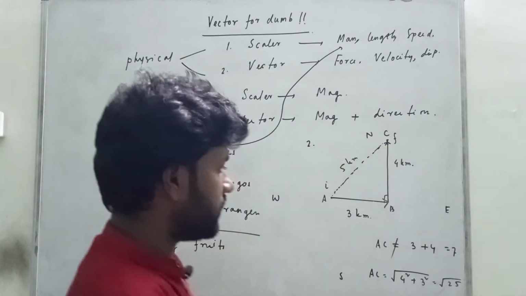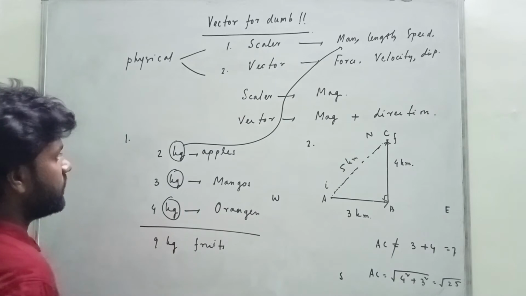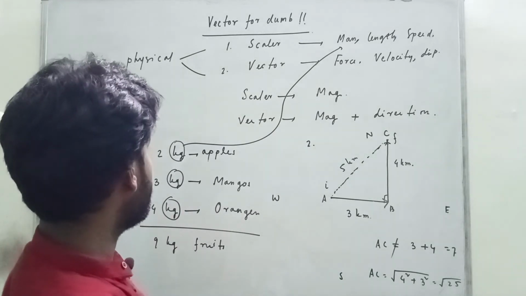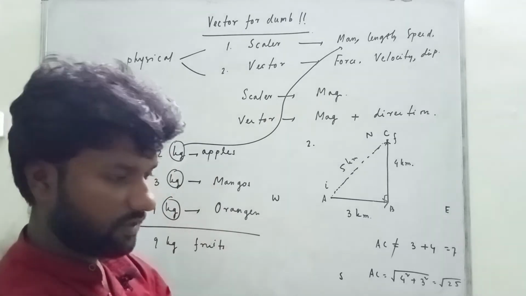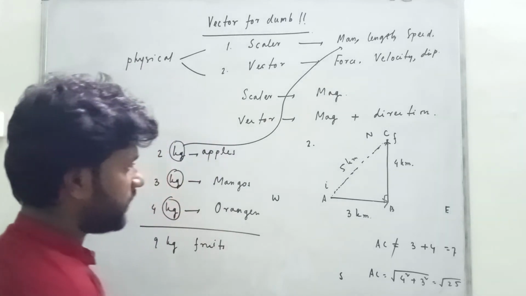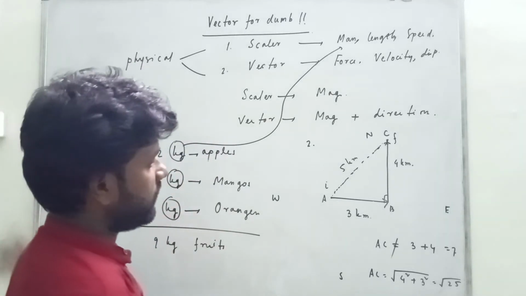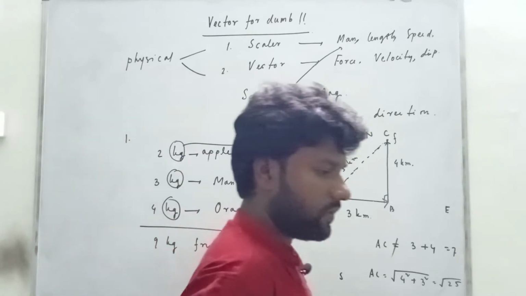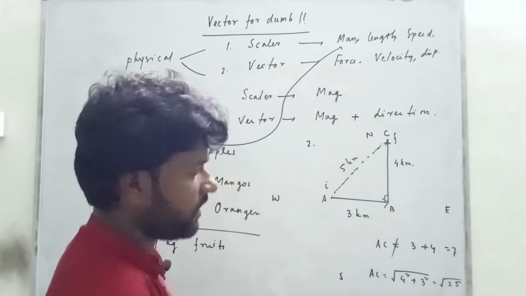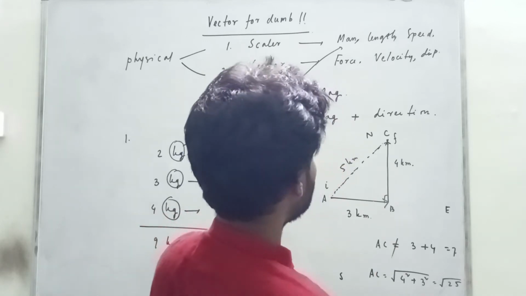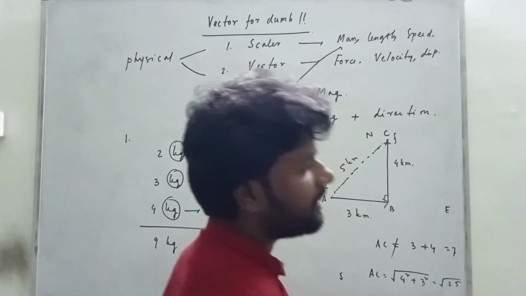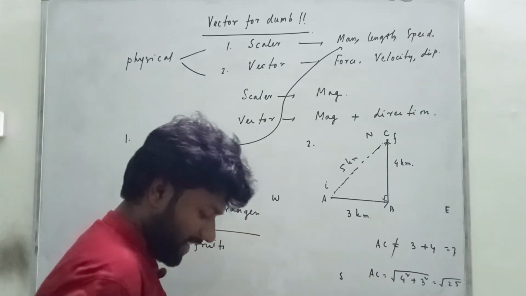The complete definition is that a scalar quantity follows the normal algebra for addition, subtraction or multiplication, but a vector quantity doesn't follow our normal classical algebra as in class 3-4. It follows a new kind of algebra, that means vector algebra.